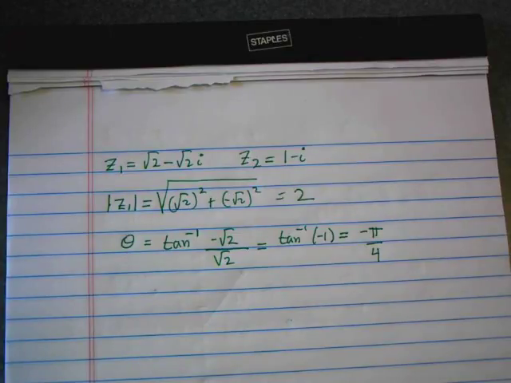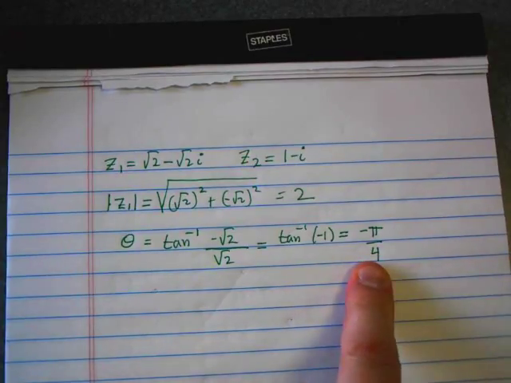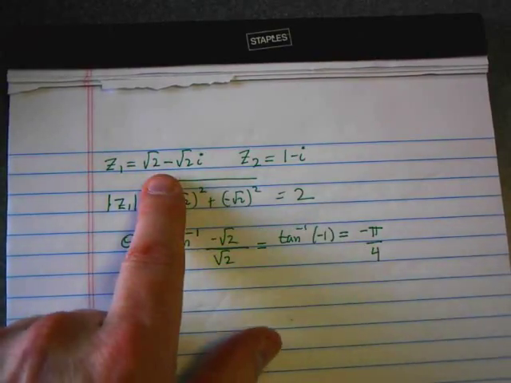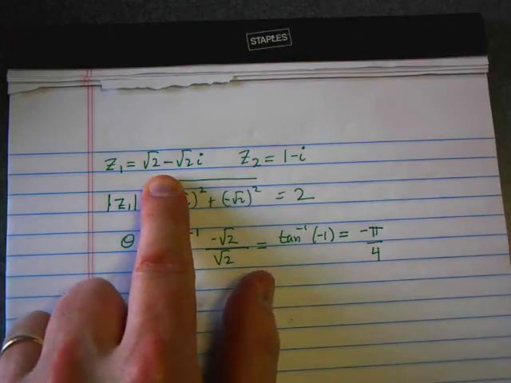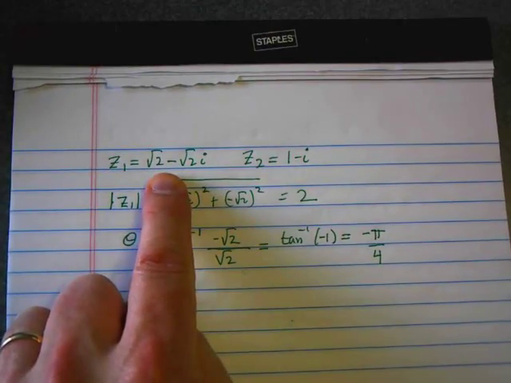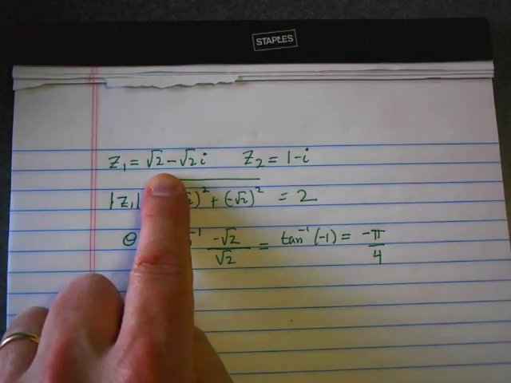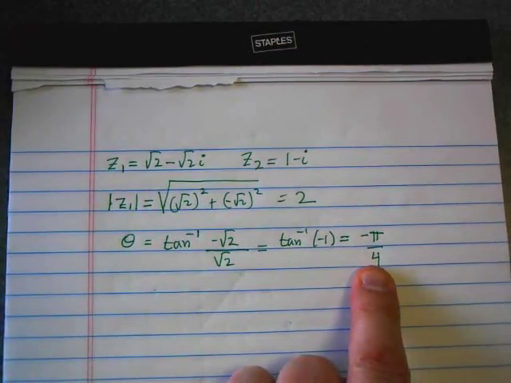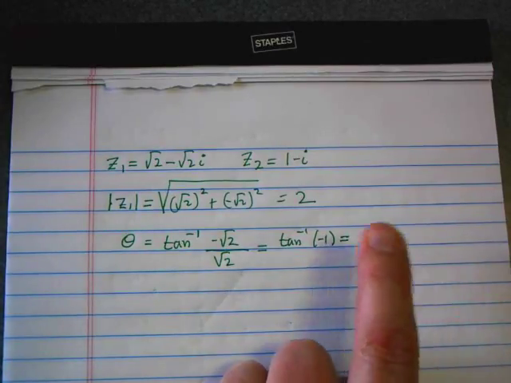But be careful. Is this in the right quadrant? Think of the graph. Where's this original point? Which quadrant is it in? 1, 2, 3, 4. It's in 4 because it's over and down. Is that in the right quadrant? Yes, it is. Okay. Again, watch out for that.